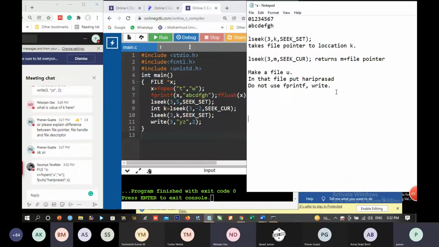So the file pointer is still at position 5, even after that line. Because of this, the file pointer may even be at a garbage location. If you don't put line number 10, then YZ may be written at a garbage location also. So it will take the garbage value of k. Is it correct? Yes.